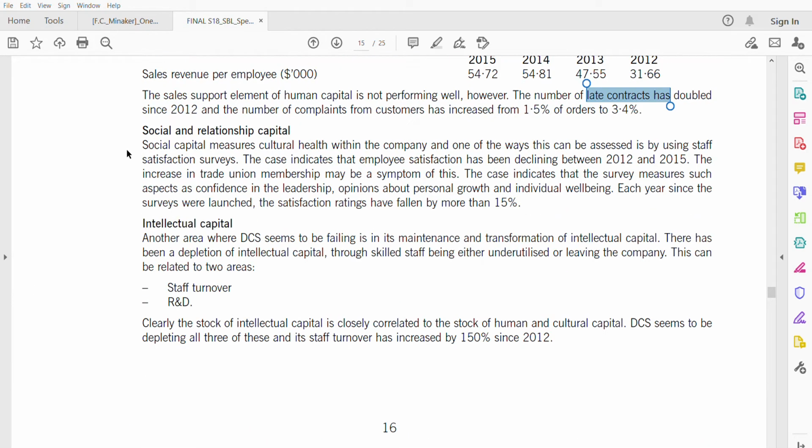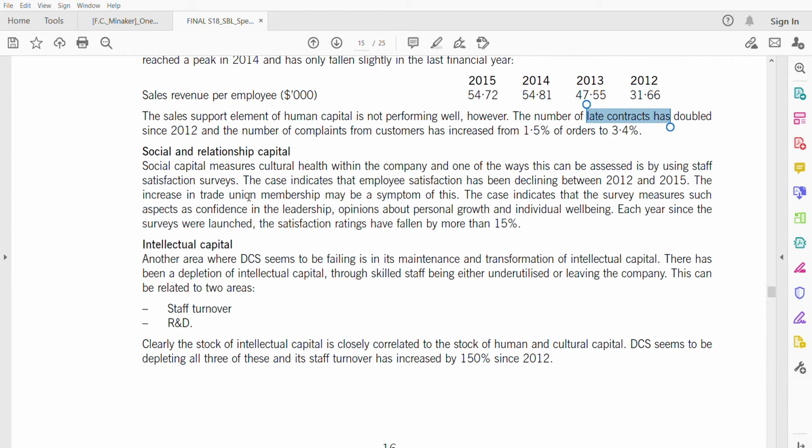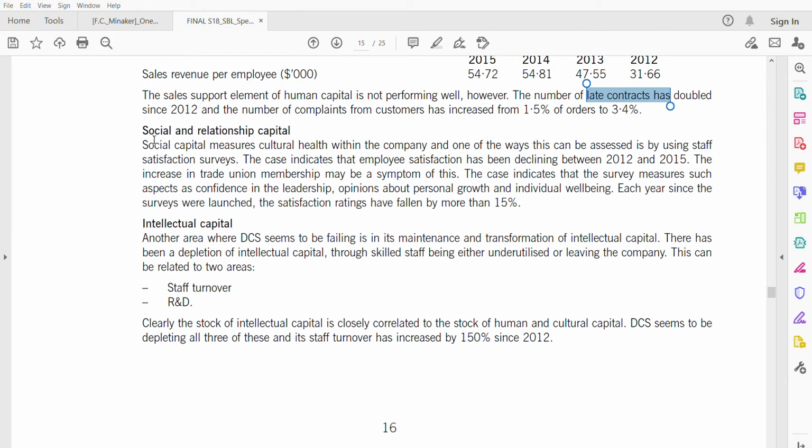Now, social and relationship capital. So what does social capital measure? Cultural health within the company. And one of the ways this can be assessed is by using a staff satisfaction survey. To know the cultural health of an organization, how do you know?